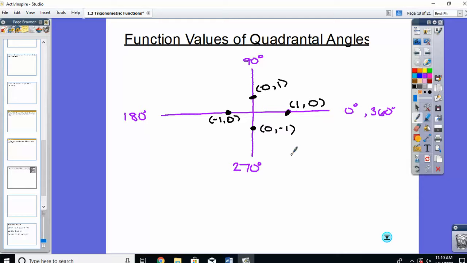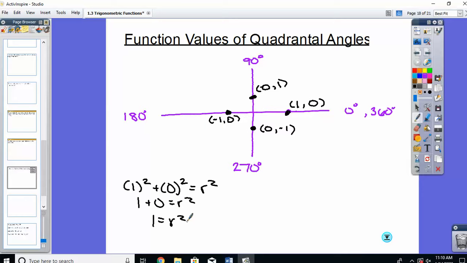We also have to have r for everything. Now let me show you something. For the first one, x is 1, y is 0. So I get 1 plus 0 equals r squared. So what's your r? 1.